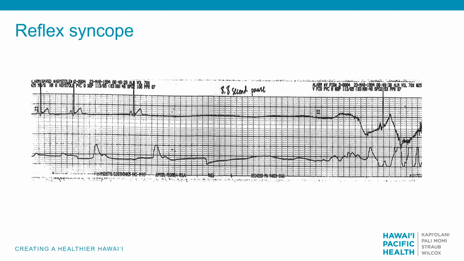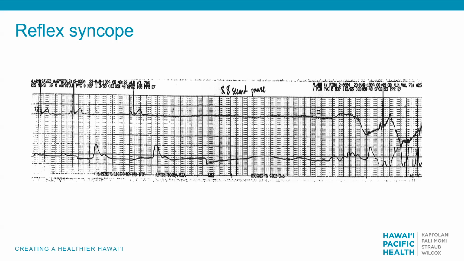This is a patient who was at a blood draw, and you can see there is an 8.8 second pause. Basically, it's just an exaggerated vagal response that causes asystole in patients who are sensitized for certain things.